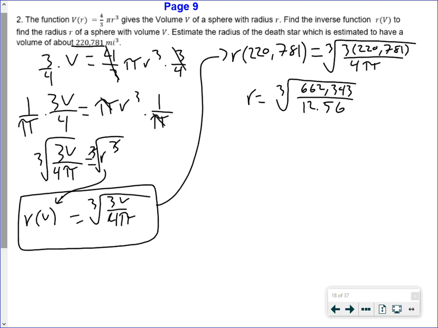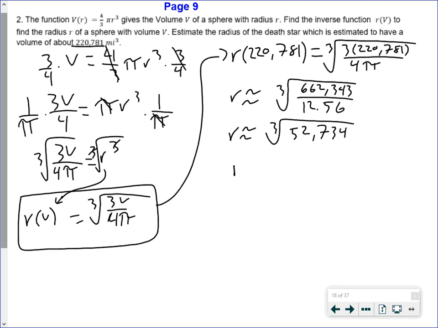Yeah, 12.56. So this is all approximate, so I'm going to change this equal sign to an approximation sign, and that's because pi never ends, but we're going to approximate it to 3.14. So r is approximately the cube root of 662,343 divided by 12.56. So we're going to keep on going. 662,343 divided by 12.56 is approximately 52,734.